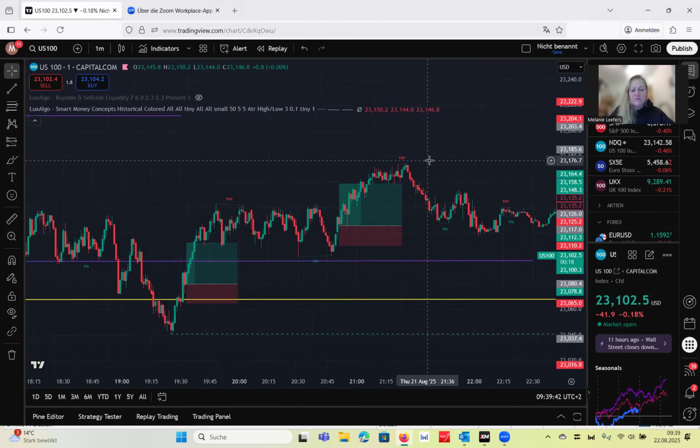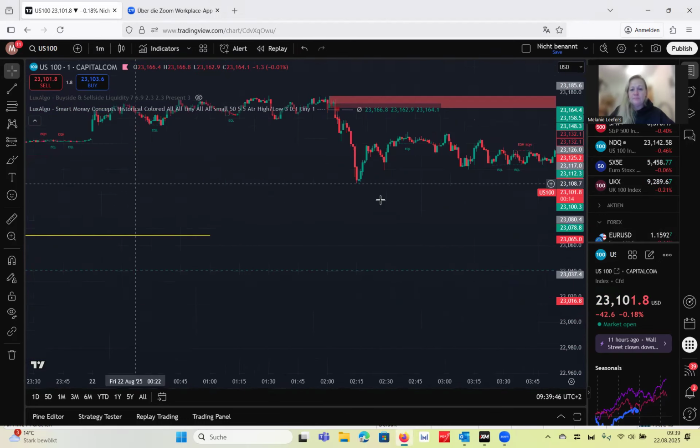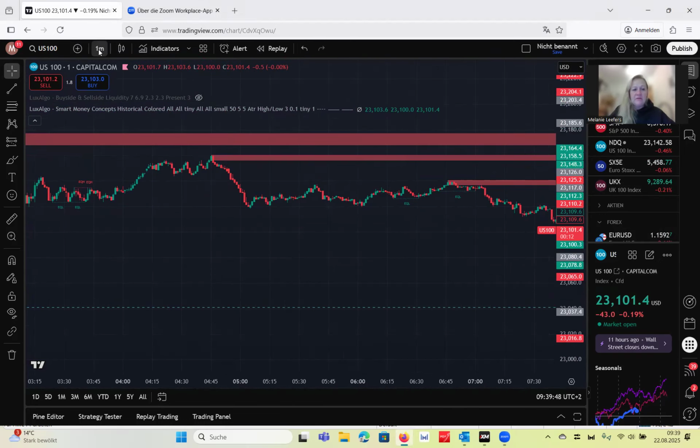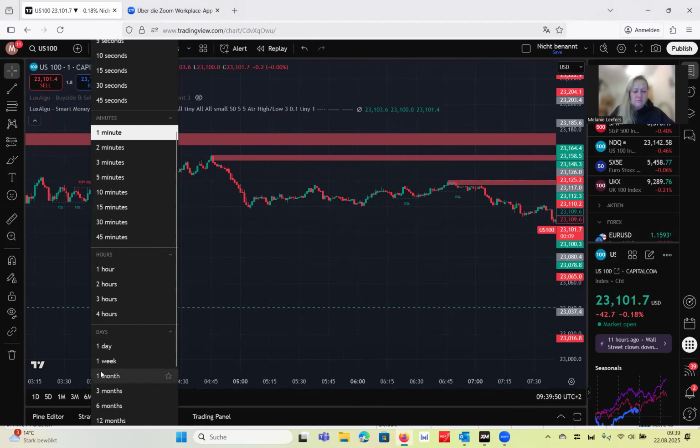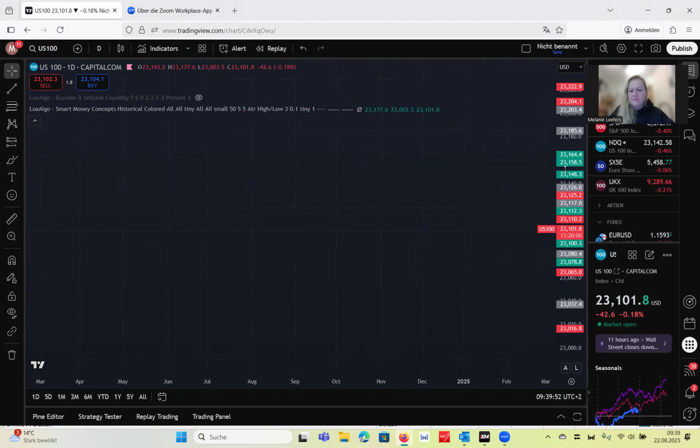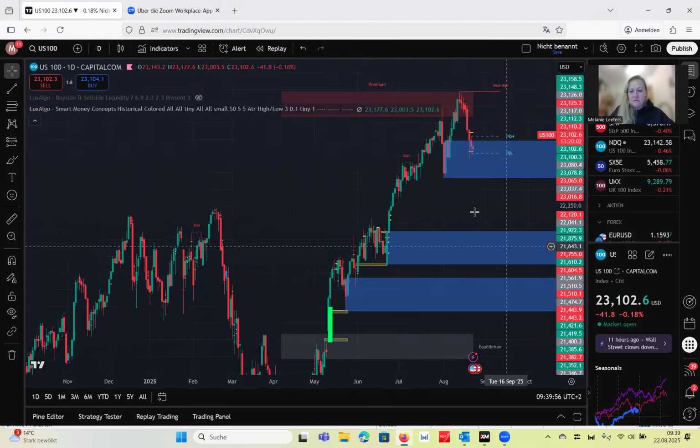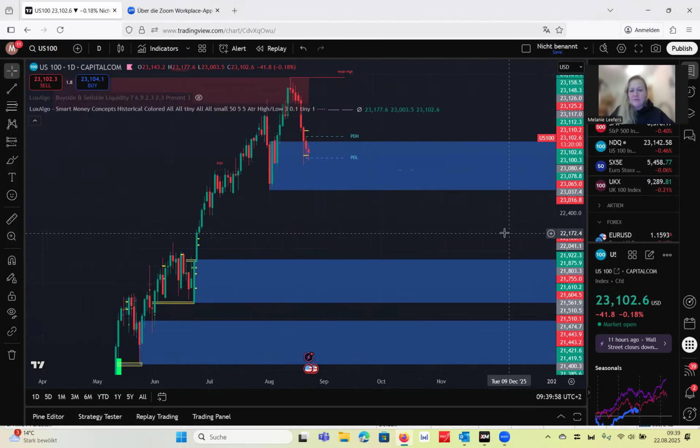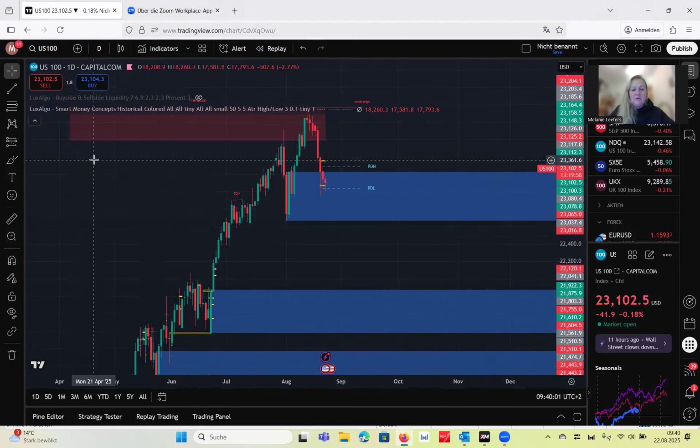The first thing for the new day I always do is look at the daily candle from yesterday. Or we start with this indicator, because this is actually the only indicator I'm using.